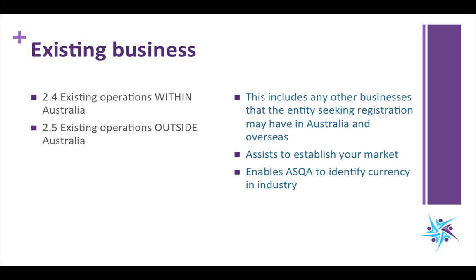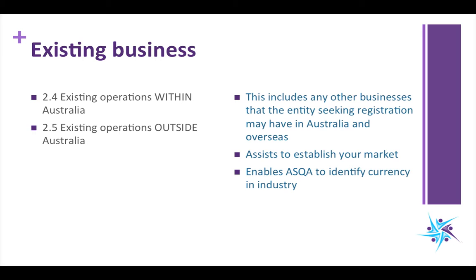So it's really important that we do put all of your operations within Australia and outside of Australia. Sometimes when we put information about your operations outside of Australia, they may look at whether you might possibly want to become a CRICOS provider, or you might want to deliver your training overseas.